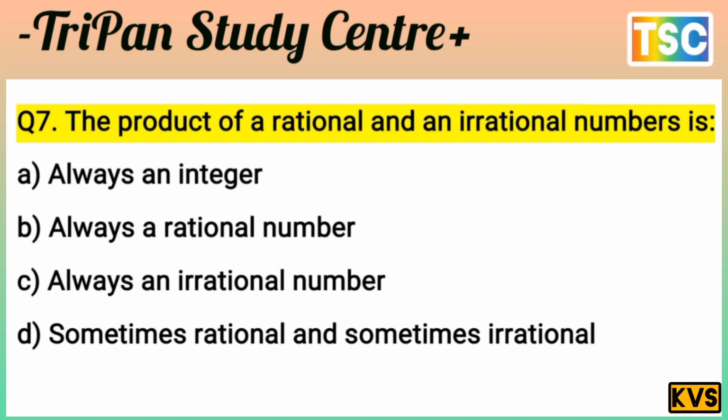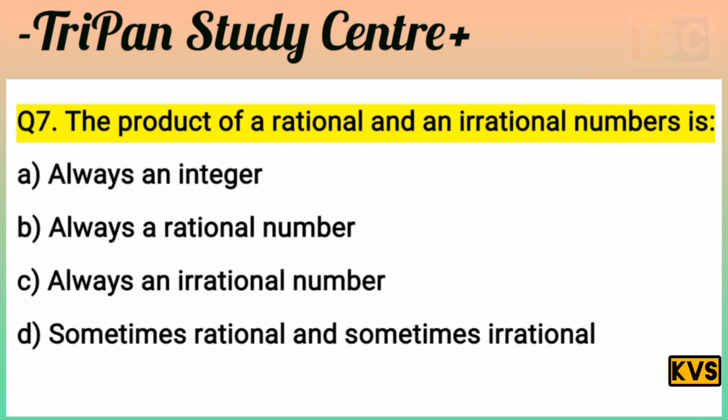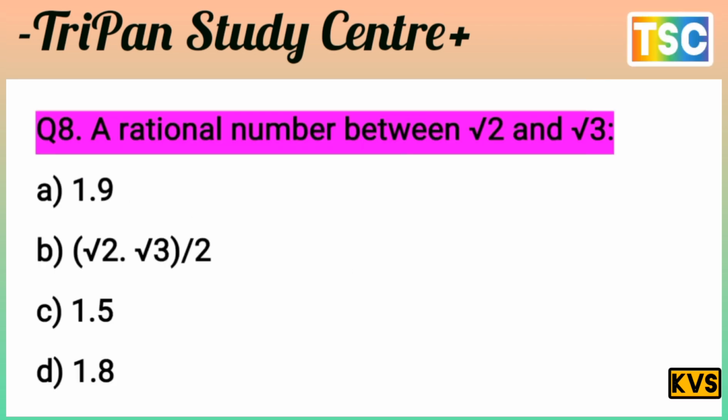Let's see the next question, which is important. A rational number between under root 2 and under root 3. The A option is 1.9, B is under root 3 upon 2, C is 1.5, and D is 1.8. This question is clear here.